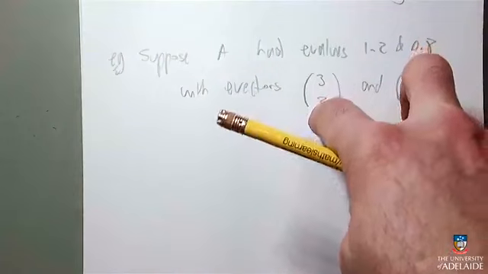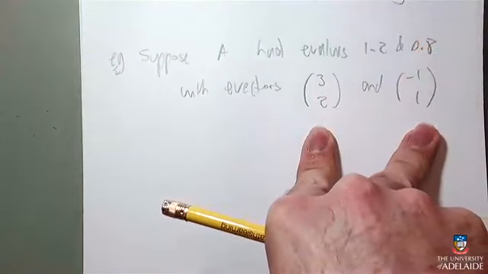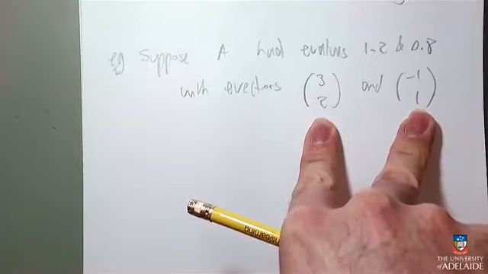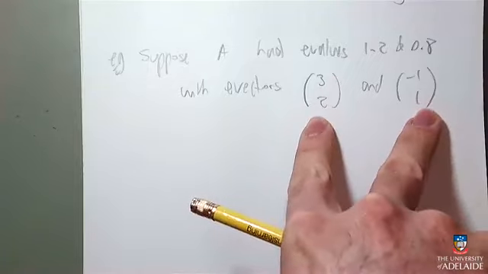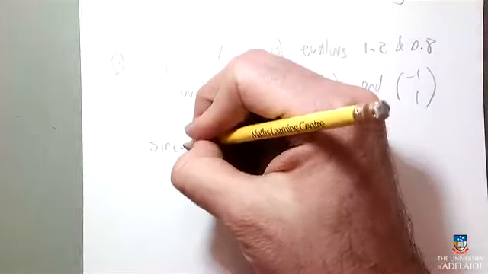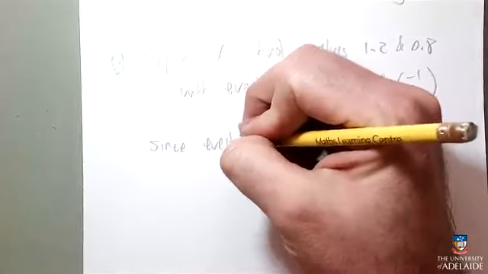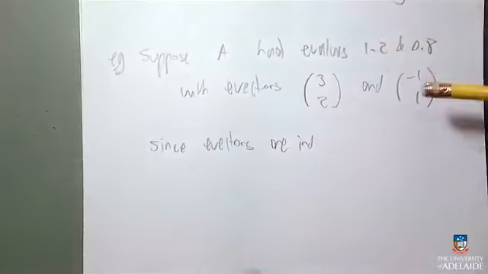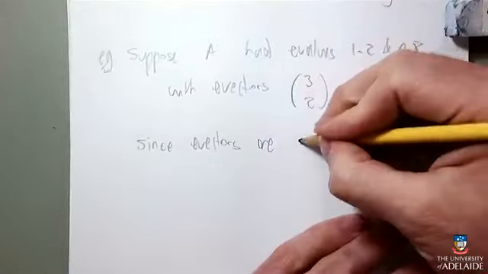Since those eigenvectors cover the entire of R2, it will be possible to rewrite whatever x0 I start with as a combination of those. Now what's the word for that? A basis.